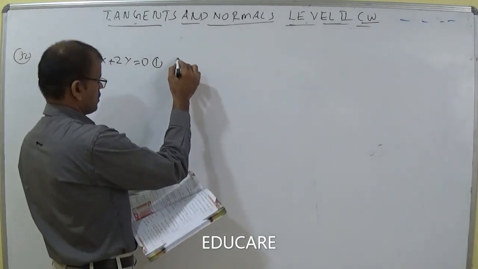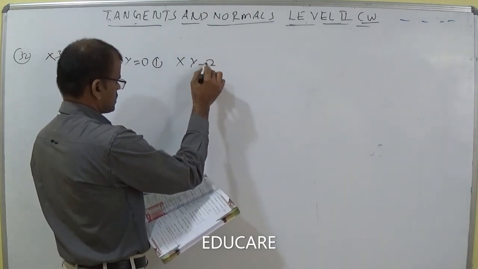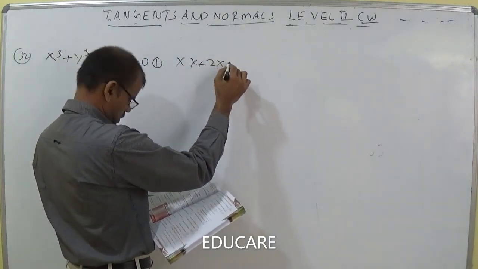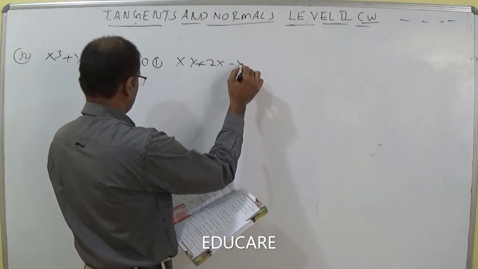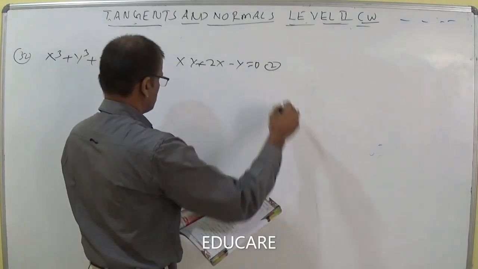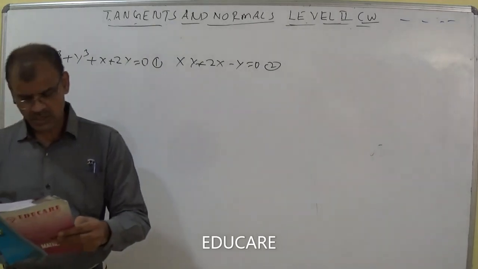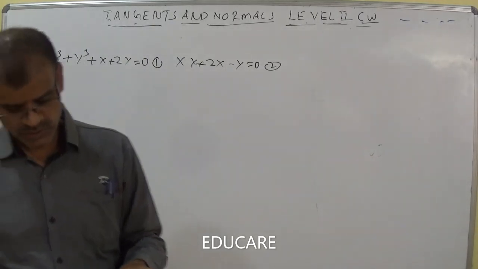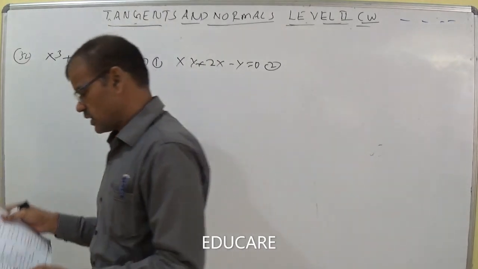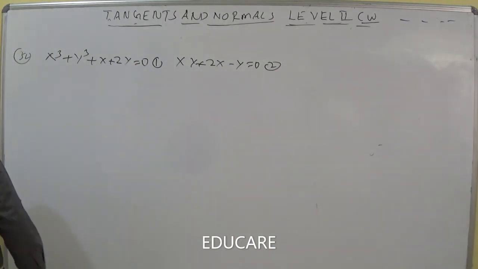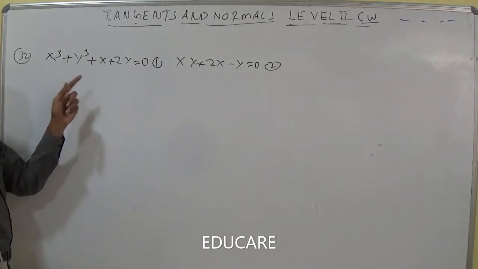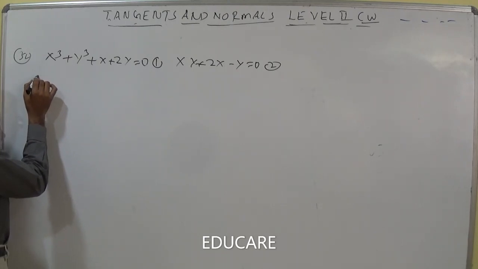The next equation is given as xy plus 2x minus y equal to 0. Let it be the second equation. Here 1 and 2 are implicit functions. The angle between the curves at the origin, at 0, 0, is asked. Differentiate both sides.